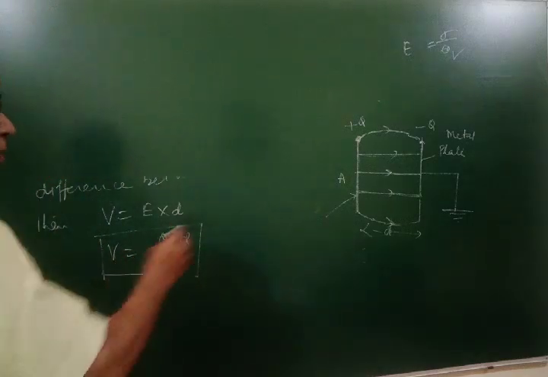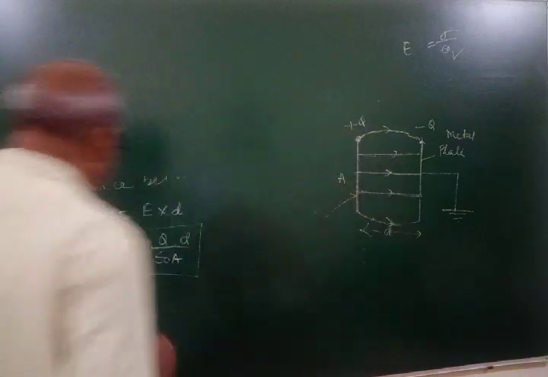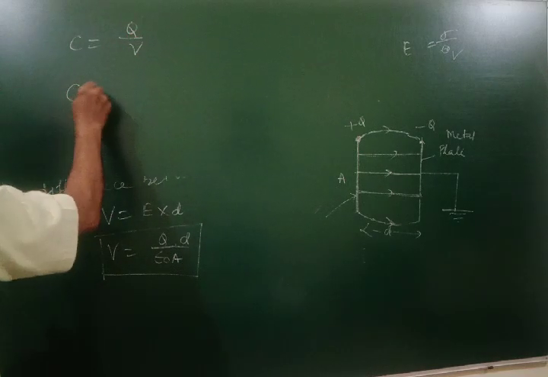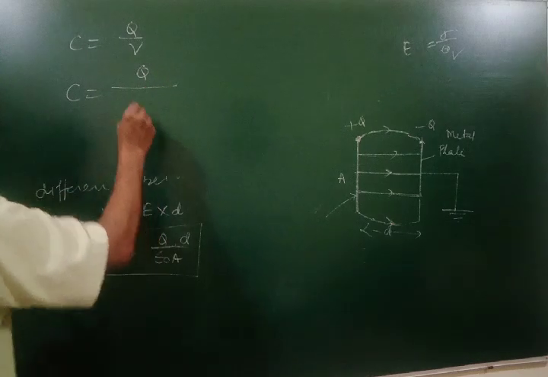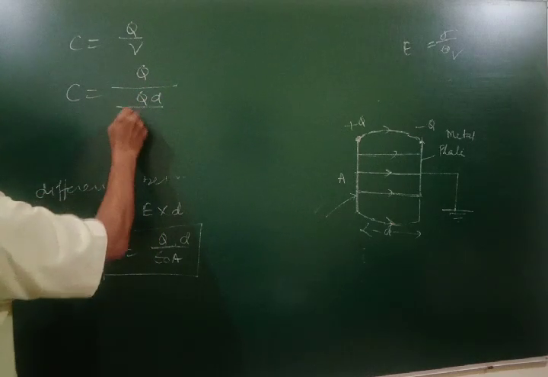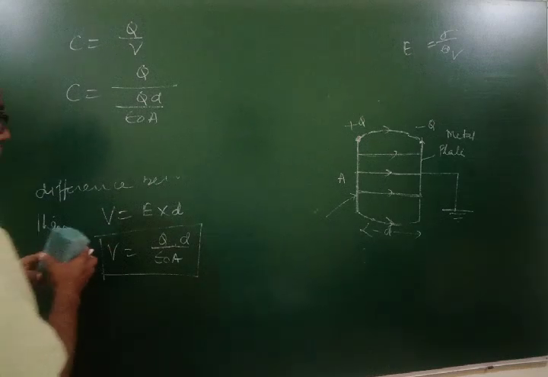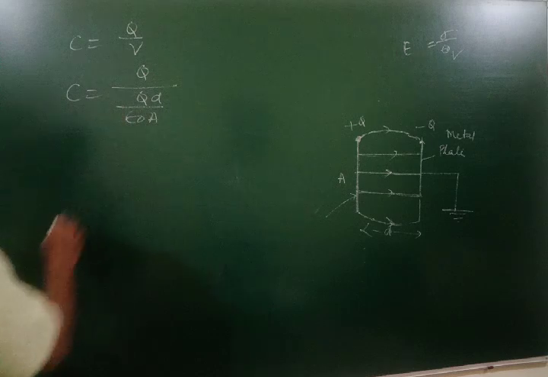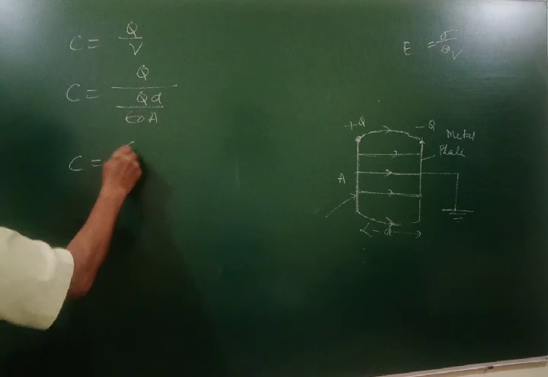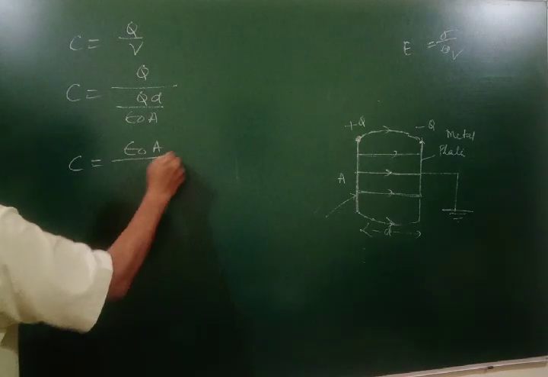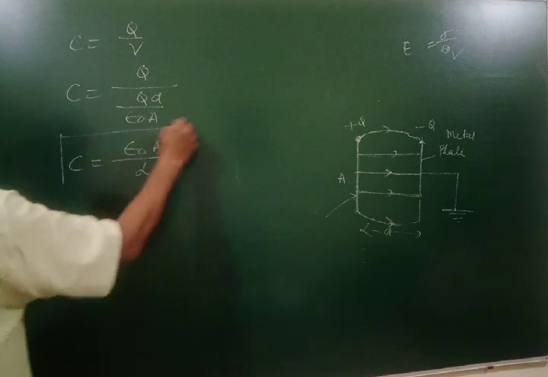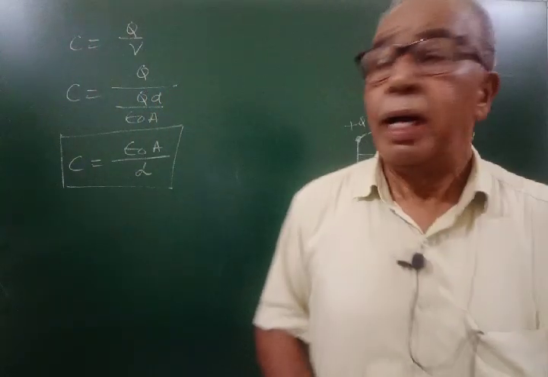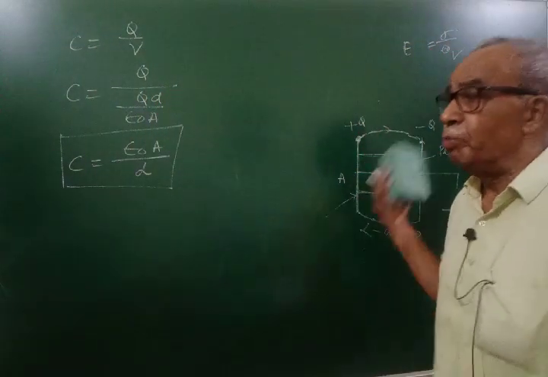So potential difference means potential of plate A, and we know C equals Q by V. So C equals Q upon V, which is Q d upon epsilon 0 A. This Q cancels, so C comes out to be epsilon 0 A upon d. This is the formula for capacitance of a parallel plate capacitor having vacuum between the plates.